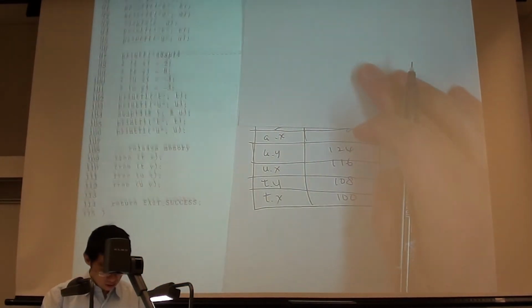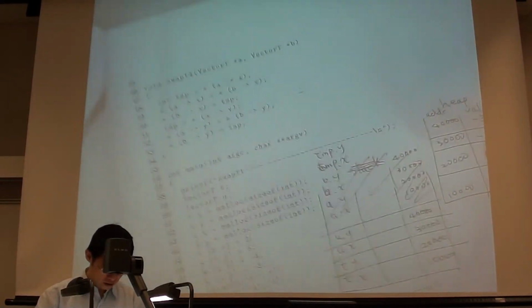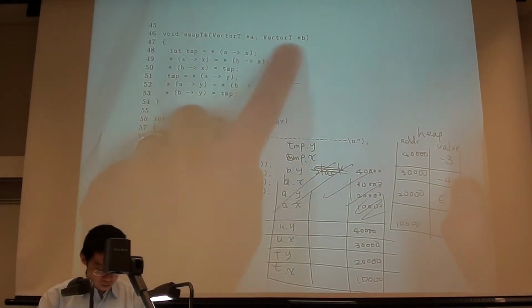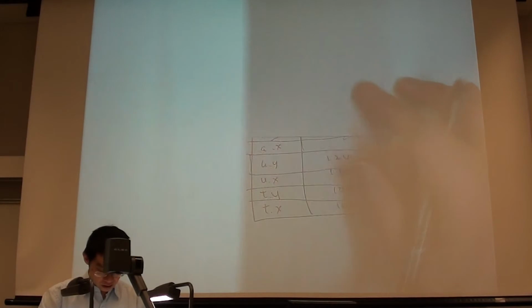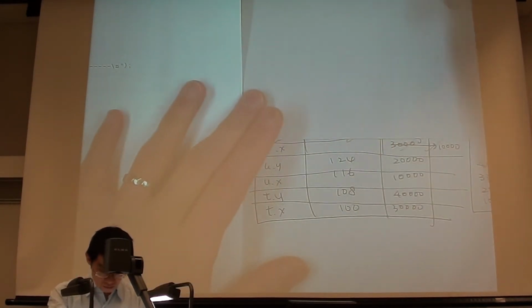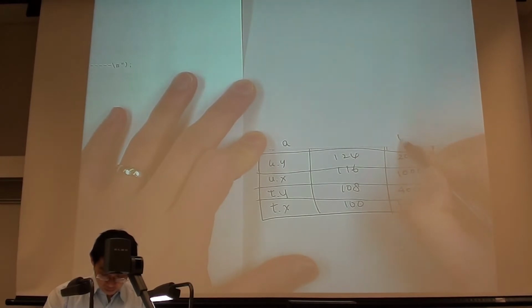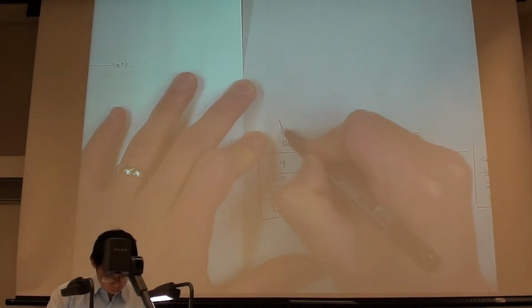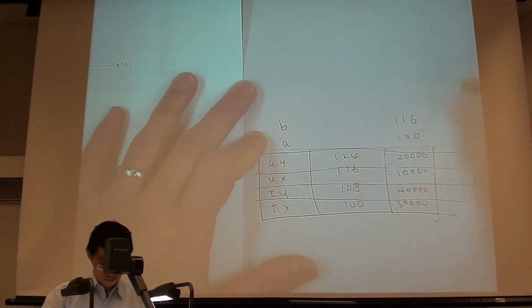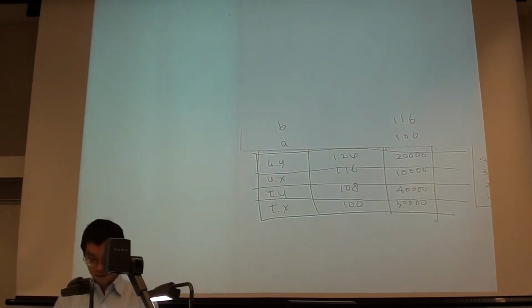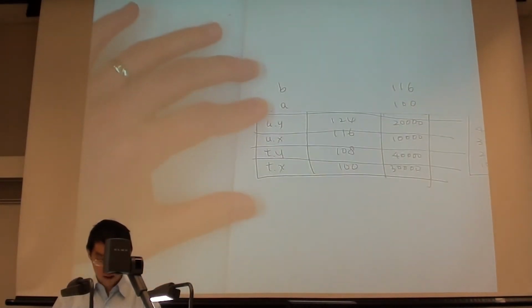So swap 4 requires A and B, they are pointers. Therefore, A is the address of the first attribute, which is 100. B is 116. That's in the code stack.